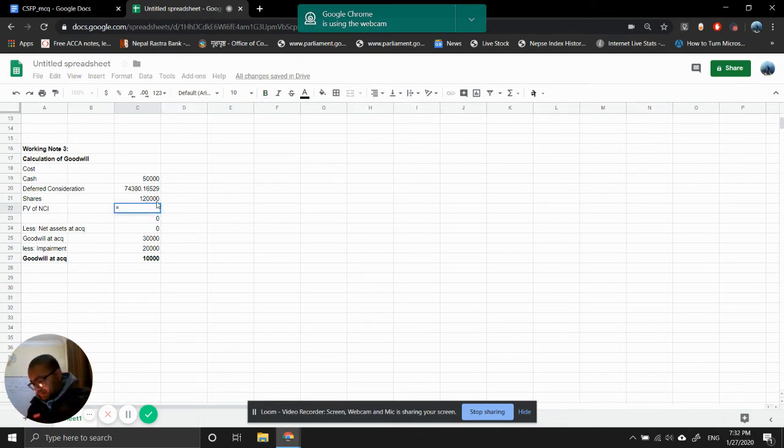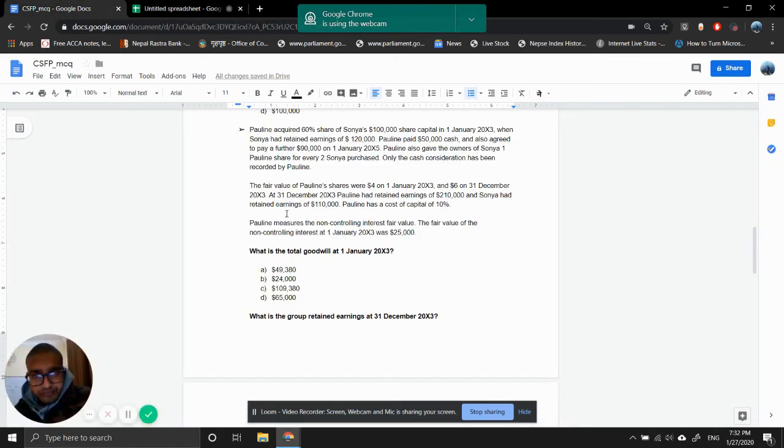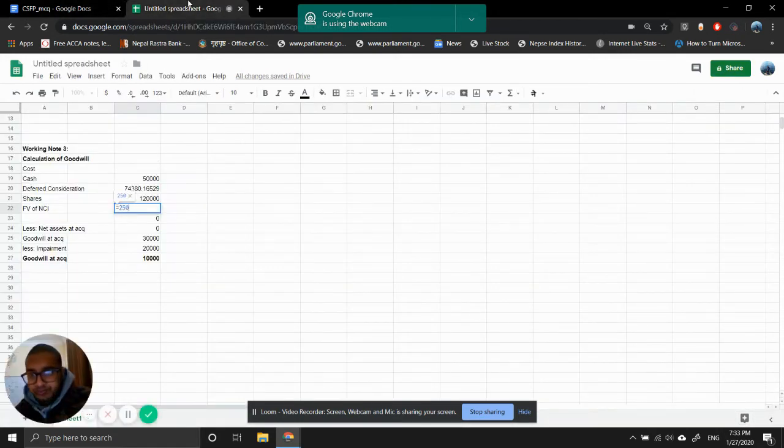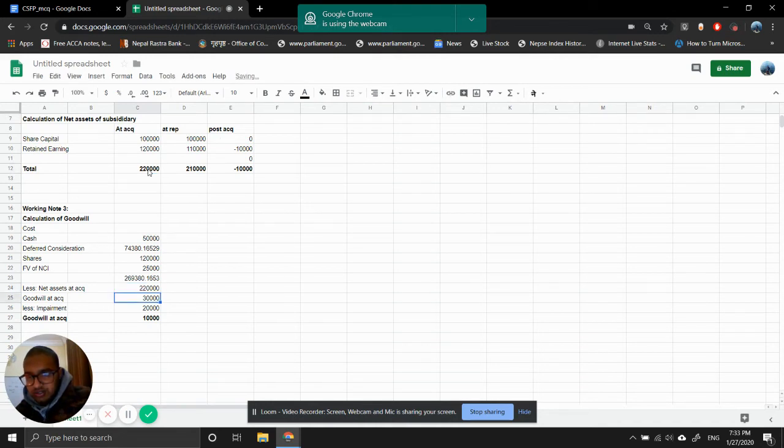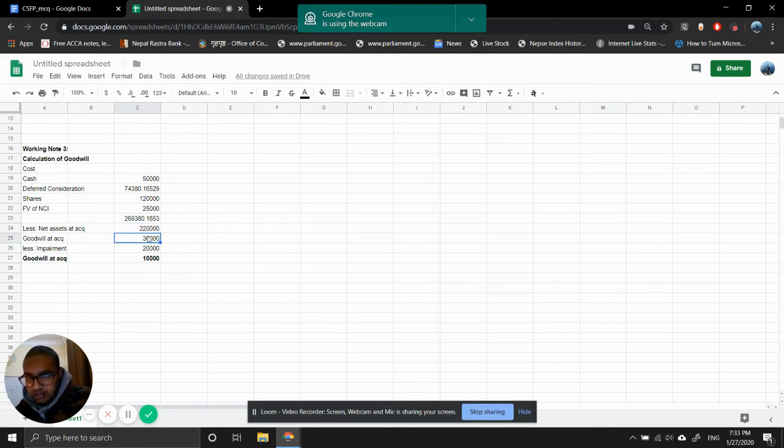So after that, fair value of NCI, 25,000. So this figure should be the sum of everything above. And then this is our net assets at acquisition, which is this figure. Then this should be our difference.